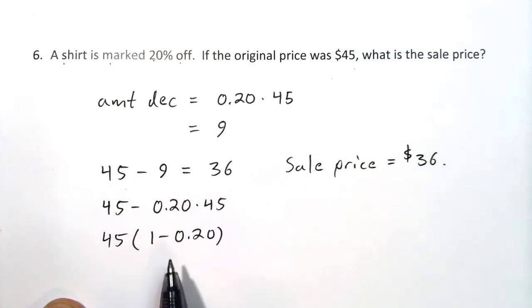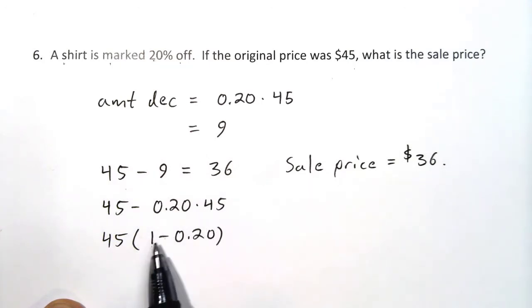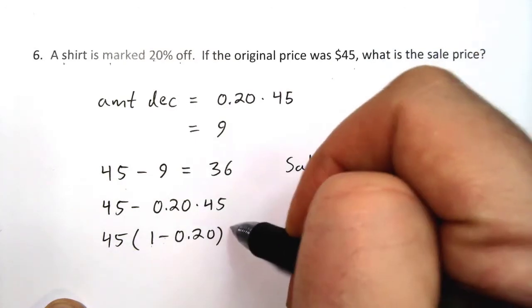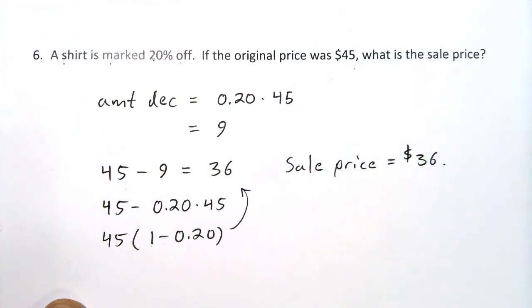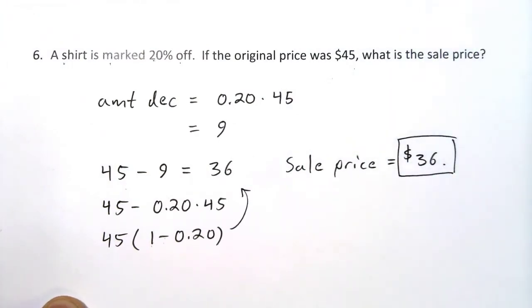And just as before, when we computed a percent increase, we took 1 plus the percent. To do a percent decrease, we take 1 minus the percent and multiply it by the number. And so that's another way to get to the answer. Take 1 minus the 0.2, then multiply it by 45, and you'll get to the same thing. But in either case, no matter how you do it, the final answer is $36.